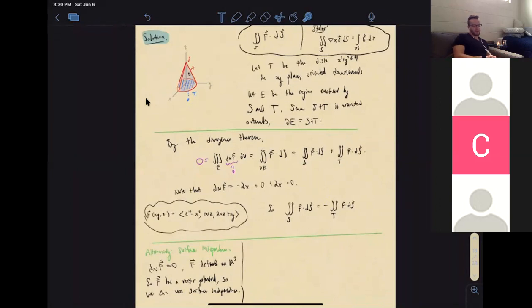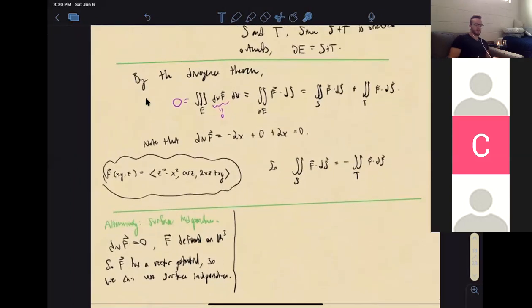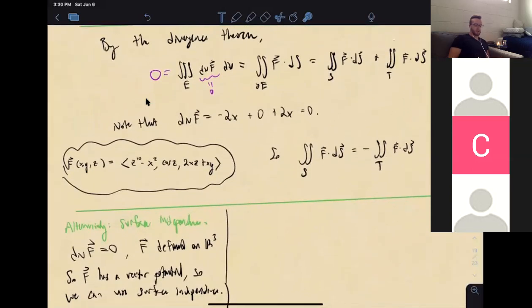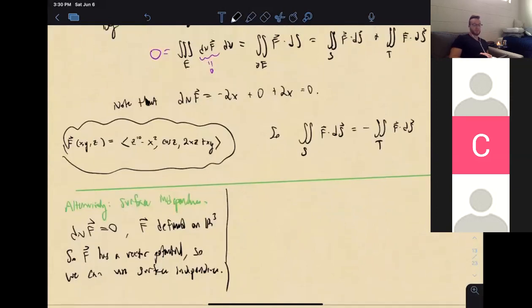The red boundary would go this way, and the blue boundary is going to go the opposite way. So by surface independence, that's where the negative sign comes from. But anyway, that's the alternative form. You could either think about this as being a consequence of the divergence theorem, or pretty much equivalently of surface independence. However you want to make this conclusion, the integral over S is negative the integral over T.